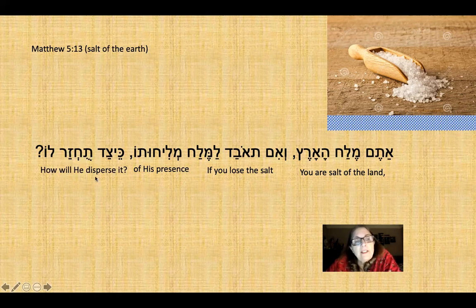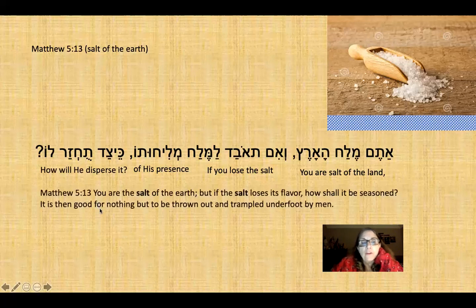How will he disperse it? So to me, when I read this, I thought, oh my word, that's so much deeper than the verse we learn in the Bible that says, you are the salt of the earth, but if the salt loses its flavor, how should it be seasoned? It is then good for nothing, to be thrown out and trampled underfoot by men.